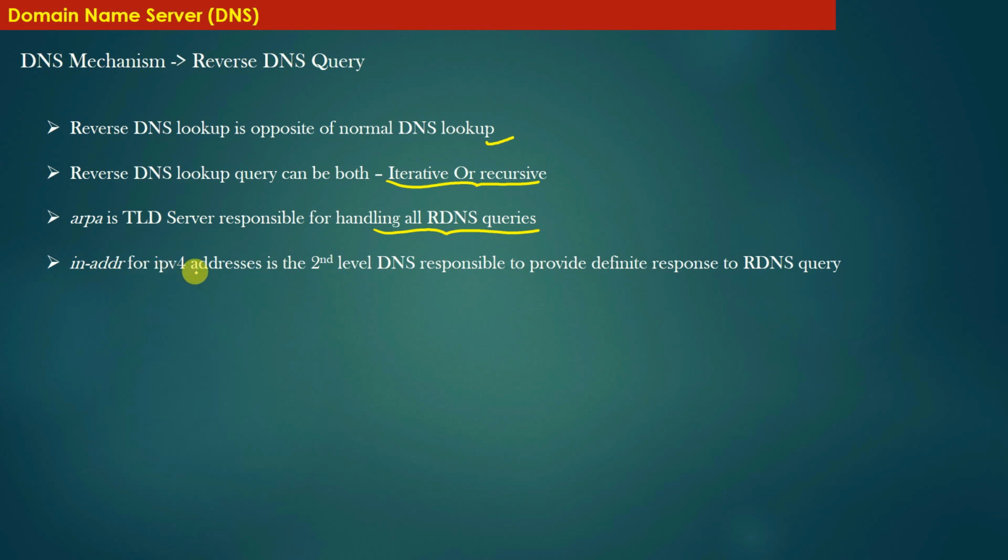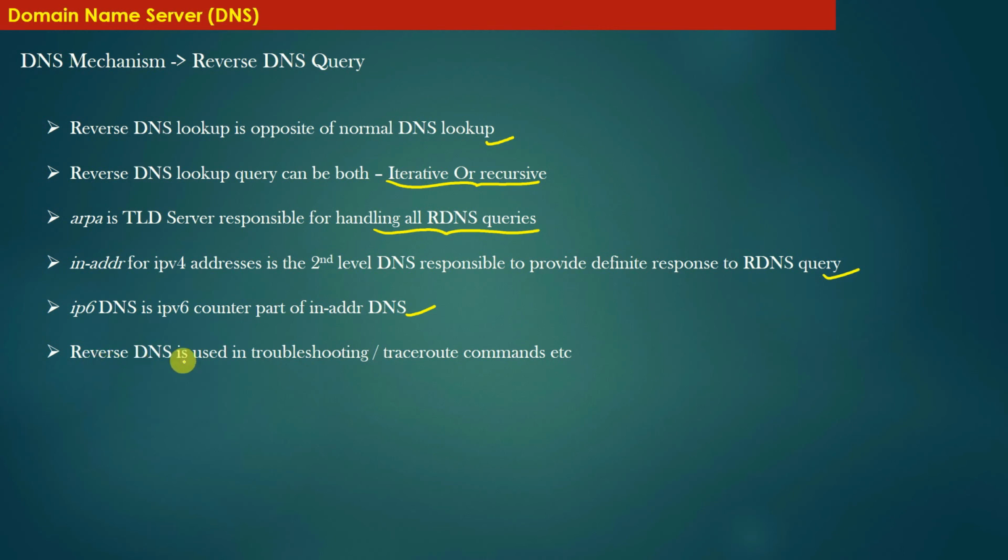In-addr, for IPv4 addresses, is the second-level domain name server responsible for providing the definite response to our DNS query. The IP6 DNS server is the IPv6 counterpart of the in-addr DNS server. Reverse DNS is used in troubleshooting or in commands like traceroute, and so on.